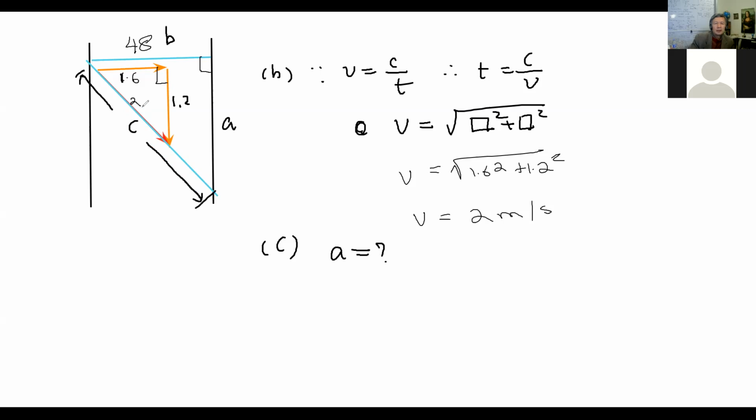So this side is velocity 1, do you remember? It happened to be 2. Lucky. So C is 48 over 1.6, similar triangle. Yes, okay, that's fine.